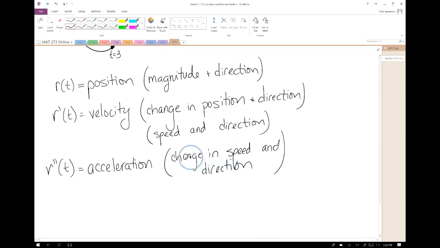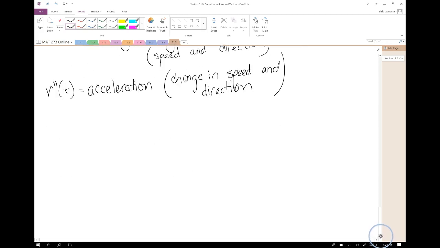We can have a piece that's telling us how our speed is changing, and we can have a piece that tells us how our direction is changing. Now, speed is just a number. It's the magnitude of our velocity. But if we accelerate, that means that our speed is increasing or our speed is decreasing. So acceleration is measuring the change in speed.